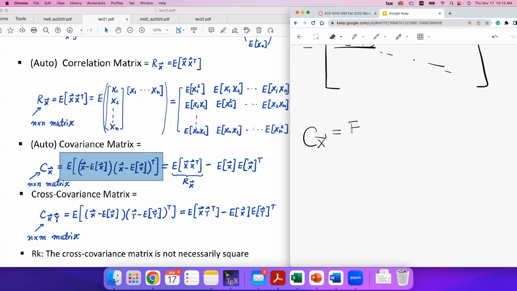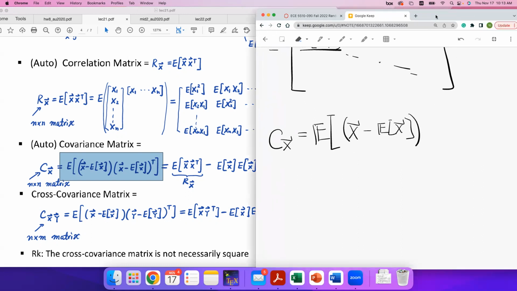Except that we replace X by a random vector. So it's the random vector subtracting its mean, multiplied by the transpose.